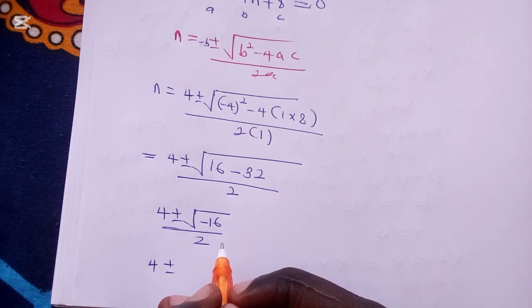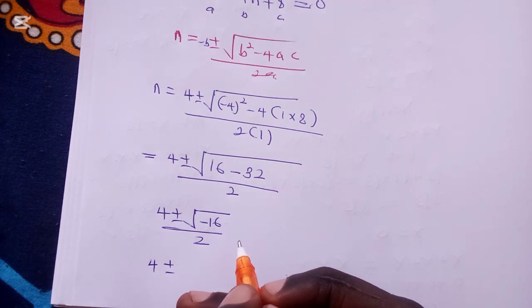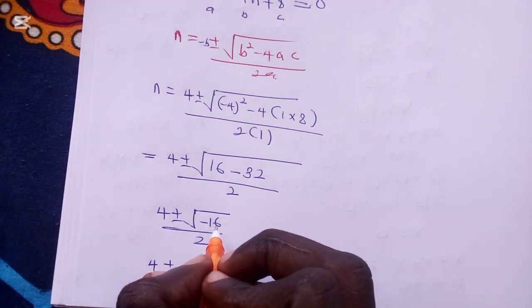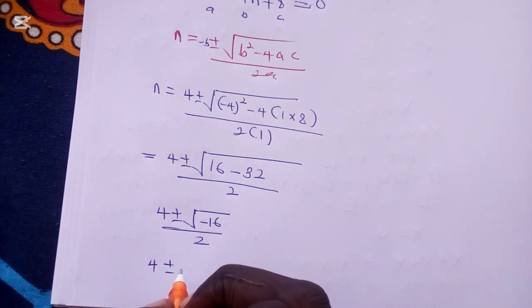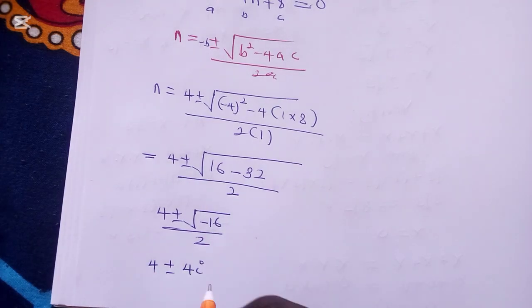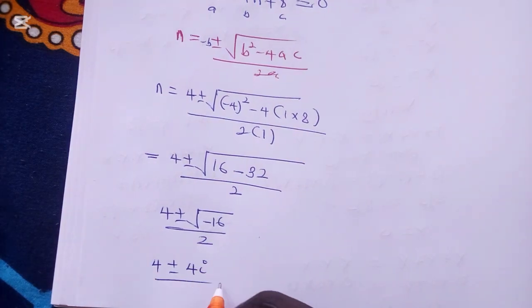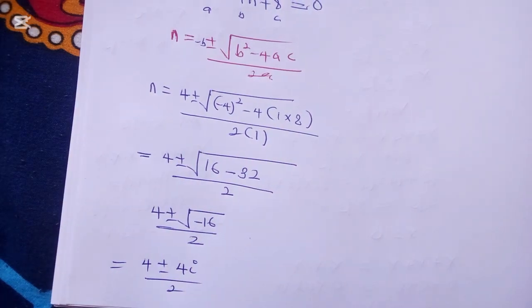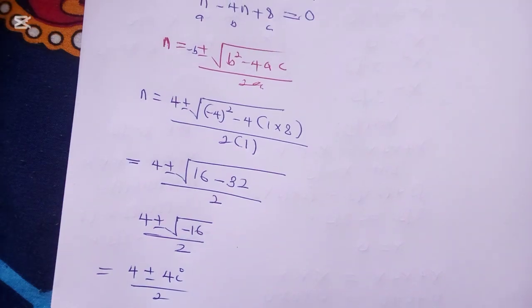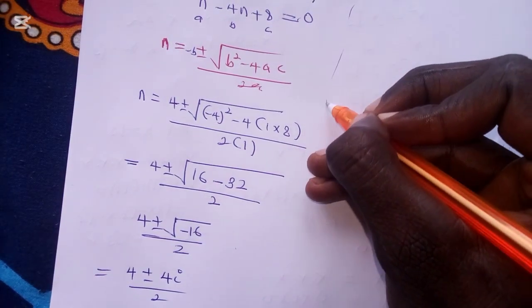This is a complex number, so what are we to do? Automatically we can say the square root of minus 16 gives you 4i. Then we divide by 2. Now to find the value of n, it continues from this point.